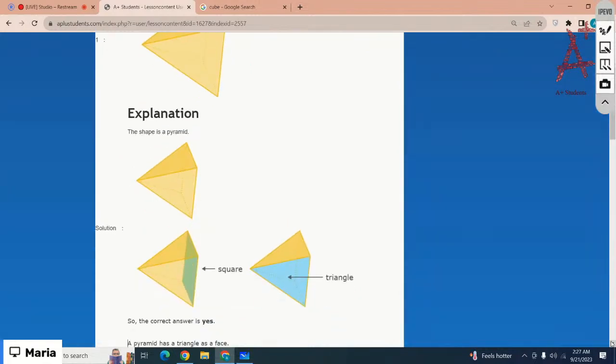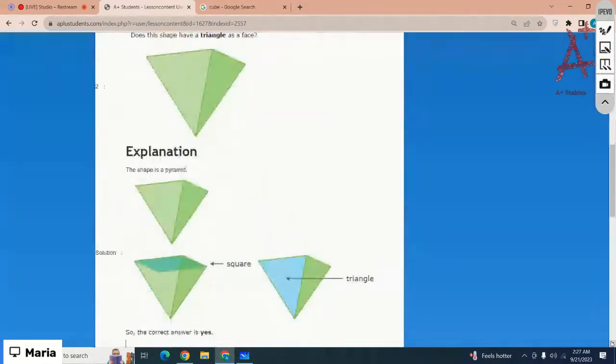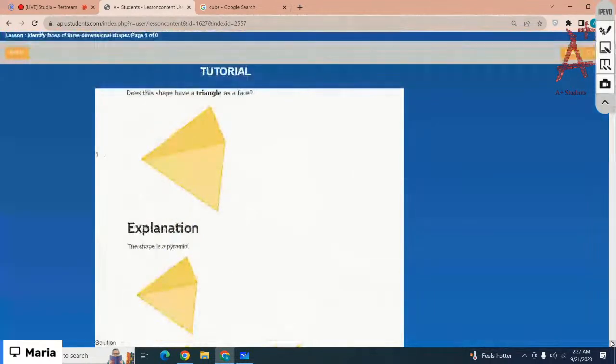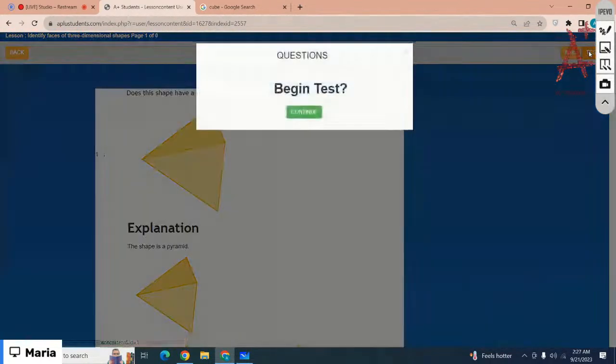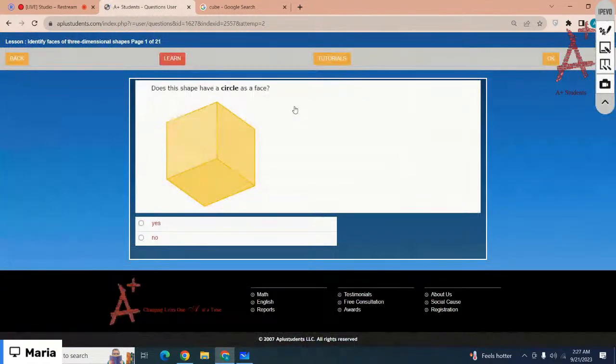Okay, the next one is, let's start with the practice questions, right? Does this shape have a circle as a face? Yes or no? Which is the correct option?